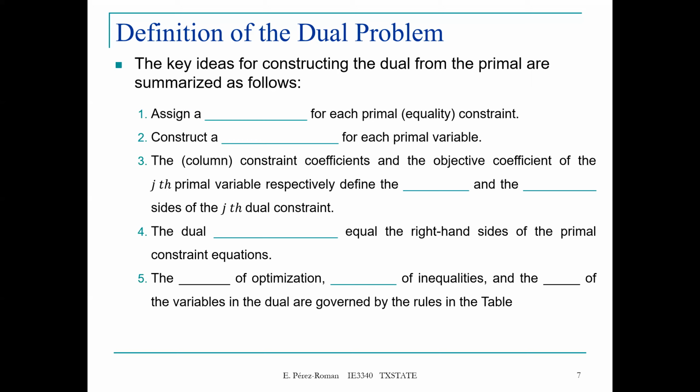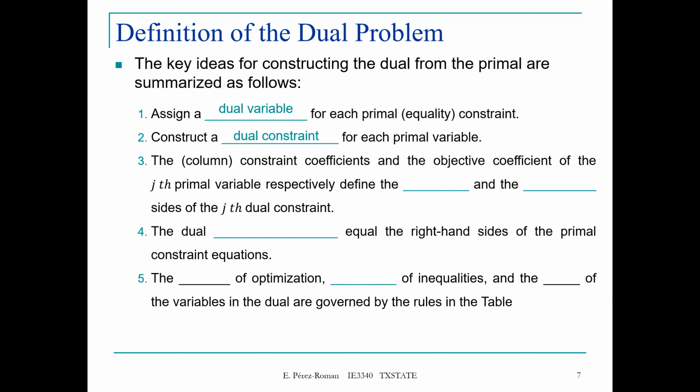So first, we are going to assign a dual variable for each primal equality constraint. So if you have 5 constraints in your problem, then you're going to assign one dual variable to each one of the constraints of the problem. So 5 total. Then we're going to construct a dual constraint from each primal variable.